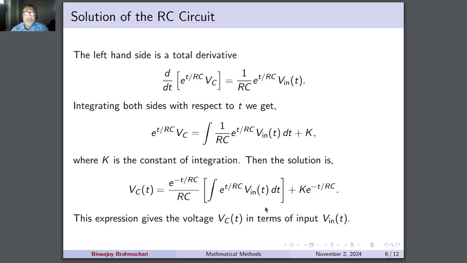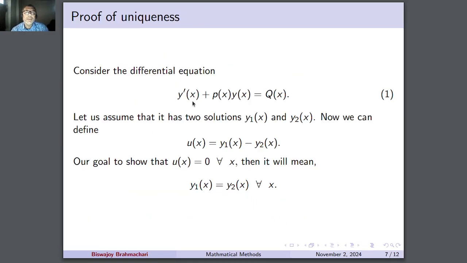So with this motivation in our mind, we will try to prove mathematically the uniqueness of the solution. This is a typical first order differential equation. This is the inhomogeneity term, Q of x, on the right hand side. So suppose there are two solutions, y1 and y2.